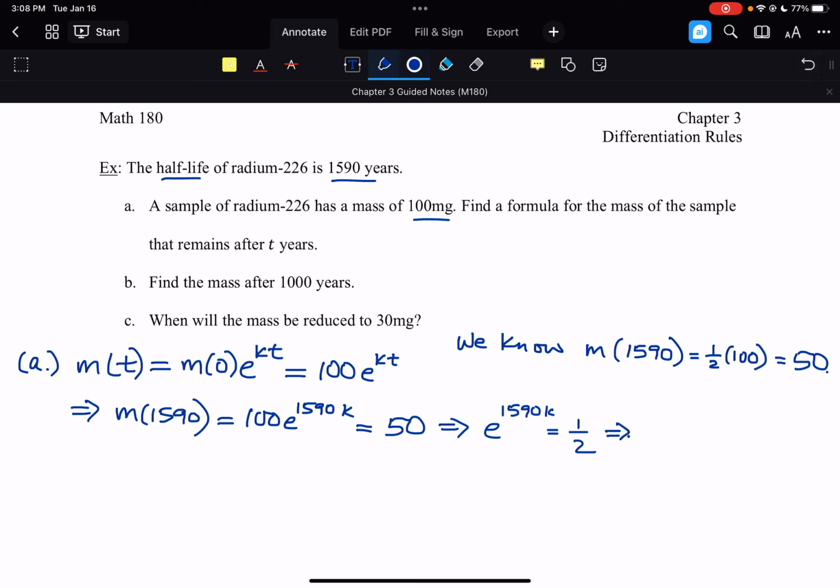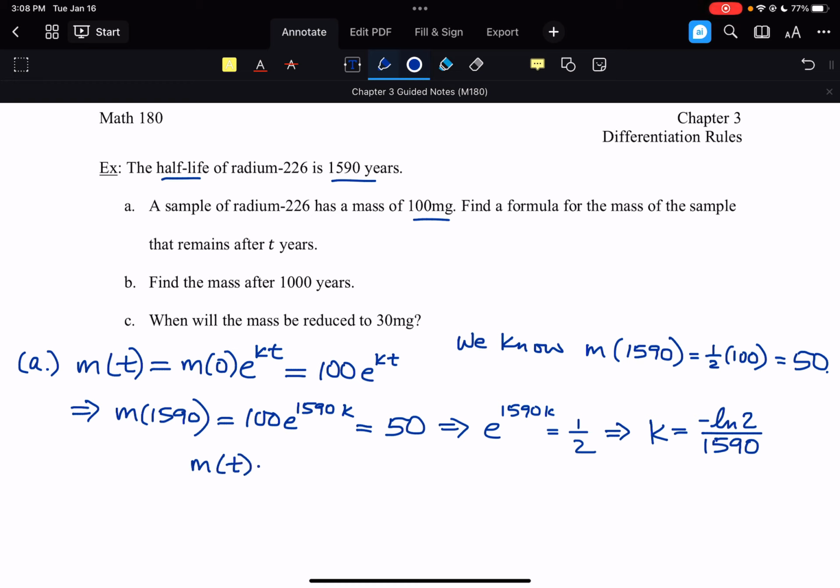And if we simplify this down, taking the natural log of both sides and simplifying everything, we end up getting k to be negative ln of 2 over 1590. And that would be our exact value of k. This one's not too bad, so we'll just leave it exact in this case.